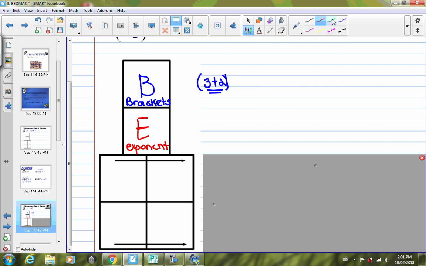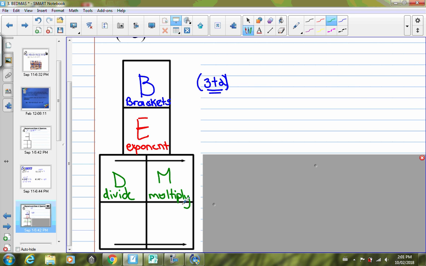And then on our next line here, this is interesting that they are side by side. So I have D and I have M. I divide and I multiply.